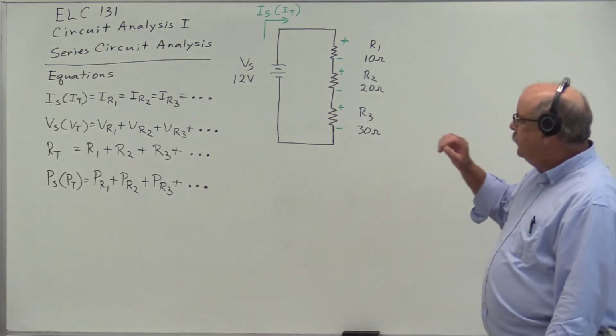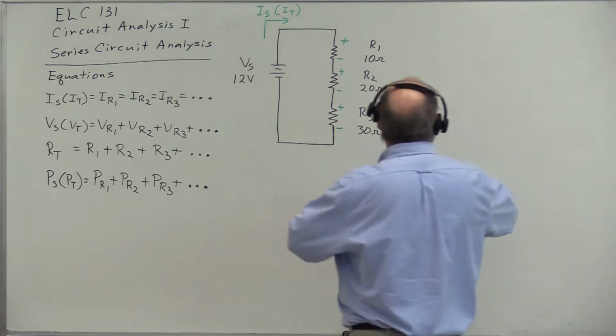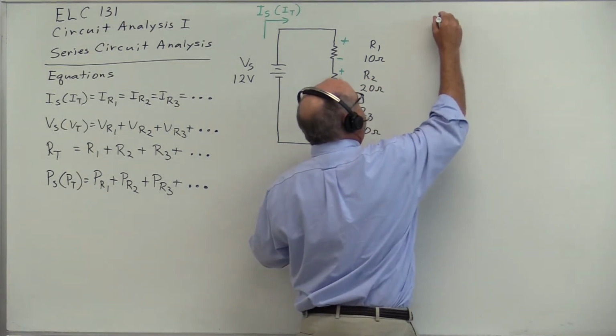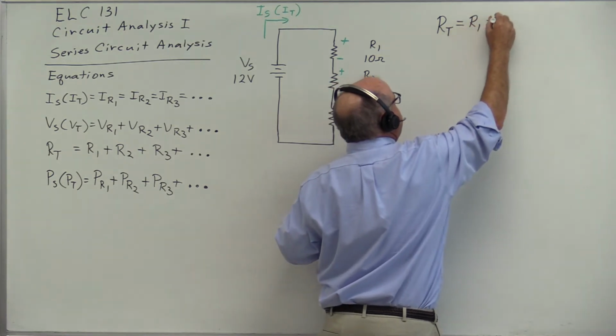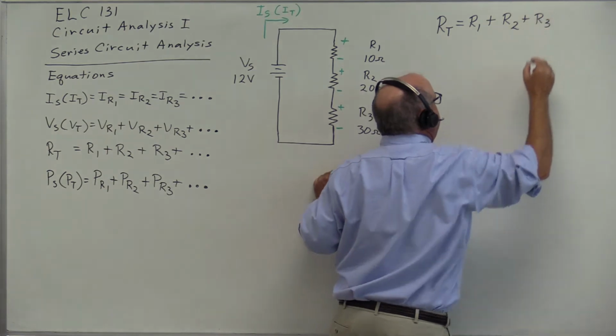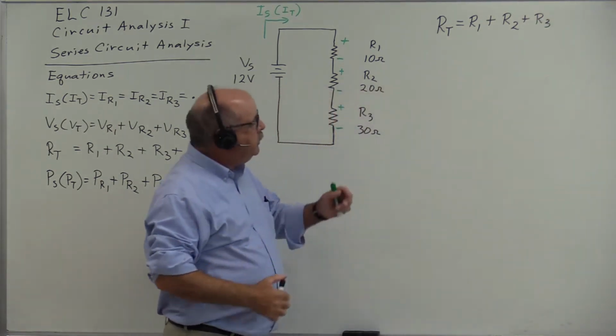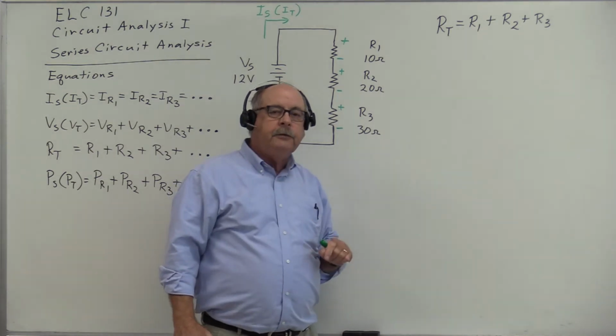So let's analyze this circuit. Our analysis steps always start with finding the total resistance of the circuit. And I want you to always follow these steps in that you want to write down the equation first.